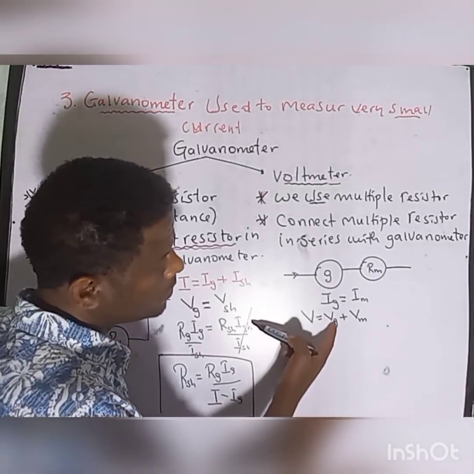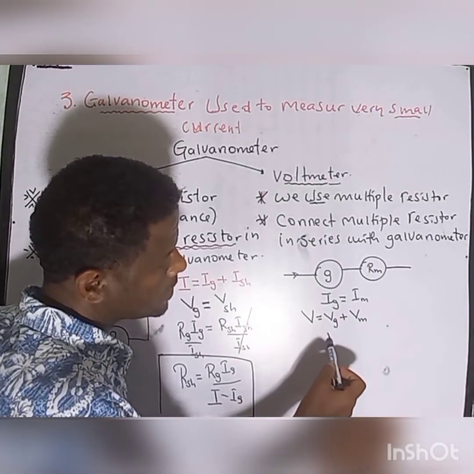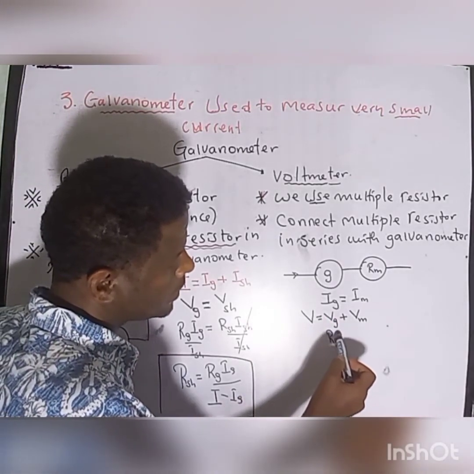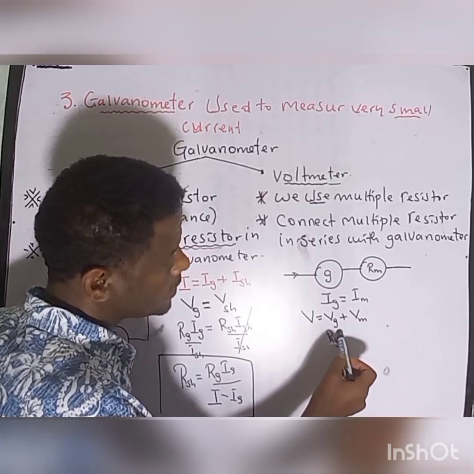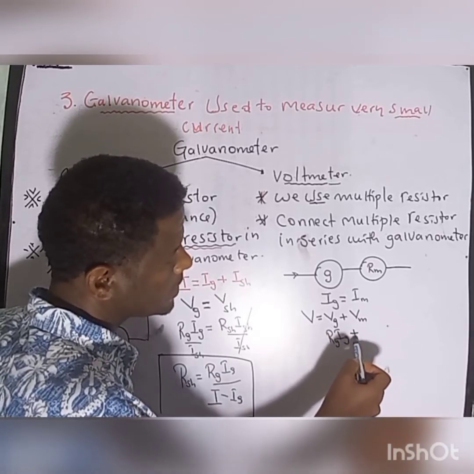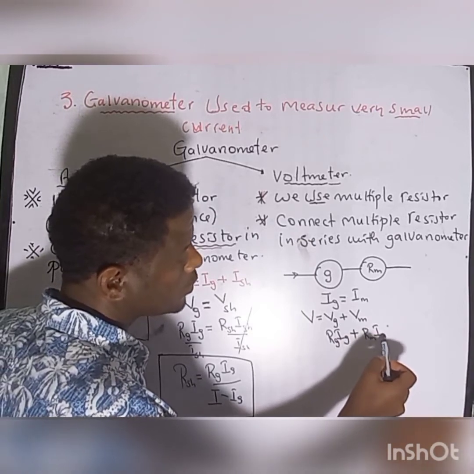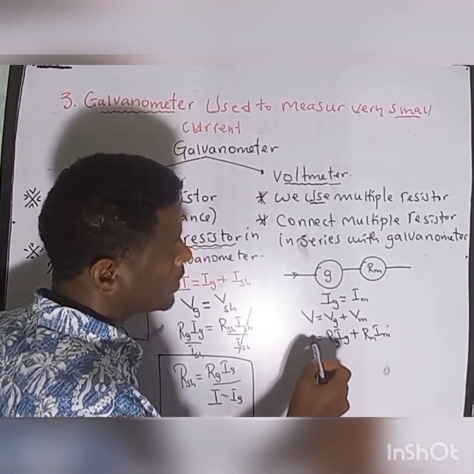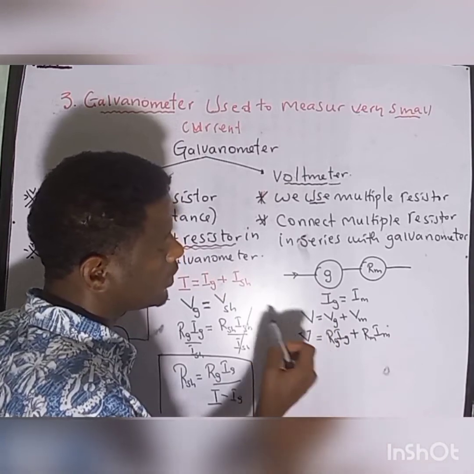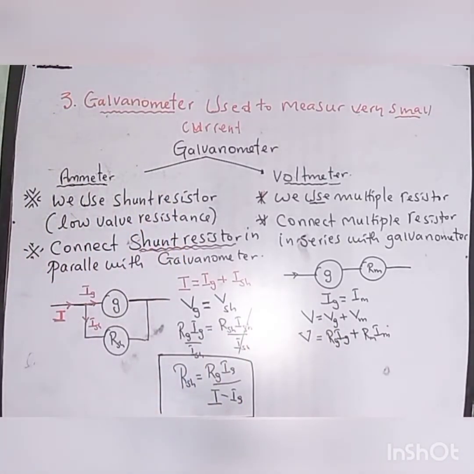From Ohm's law, the voltage through the galvanometer is the resistance of the galvanometer times the current through the galvanometer, plus the resistance of the multiplier times the current through the multiplier. This is equal to the voltage from the source.